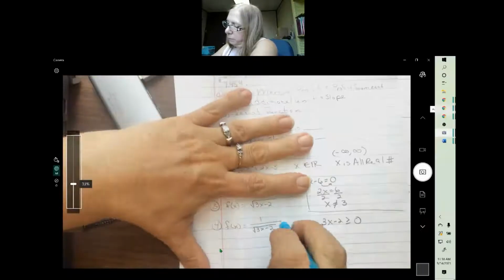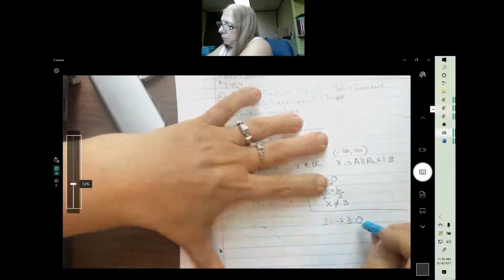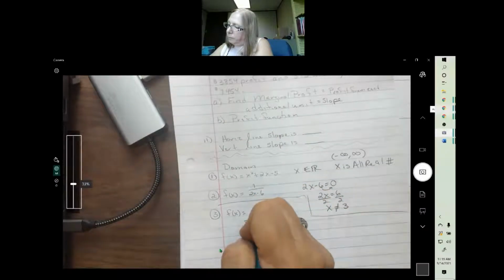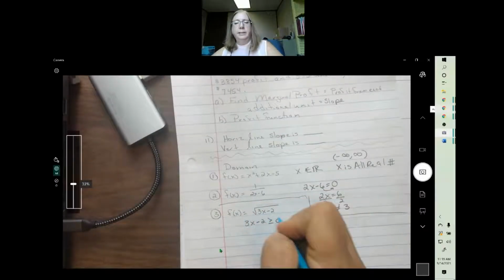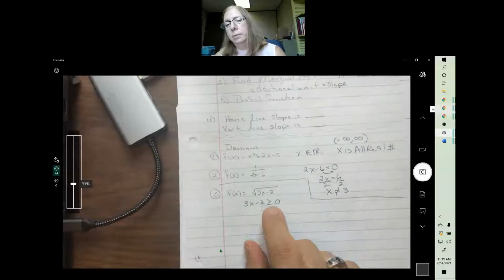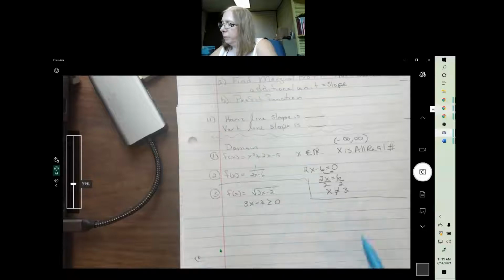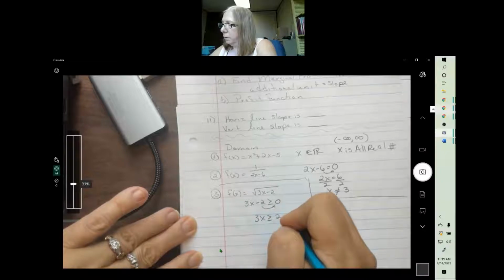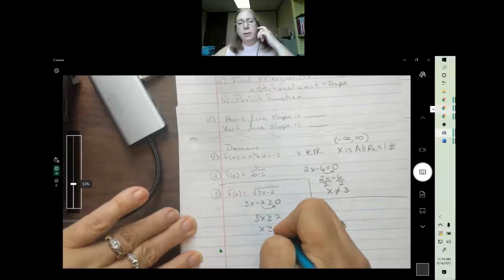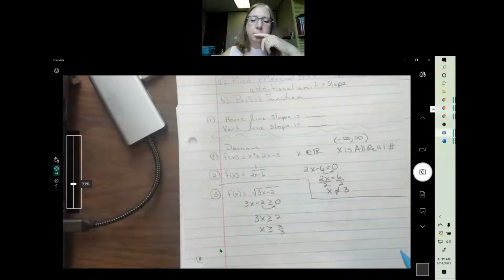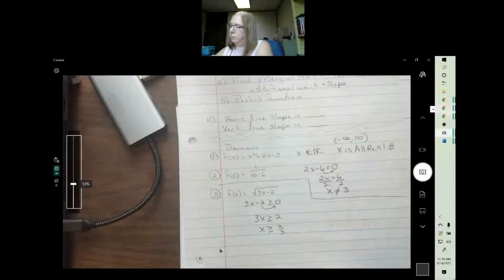I'm going to move this one for right now, because we want to make sure it's 0 or positive. It can't be negative. And then you just solve. Add the 2 over. So x has to be greater than or equal to 2/3. Any questions on that?